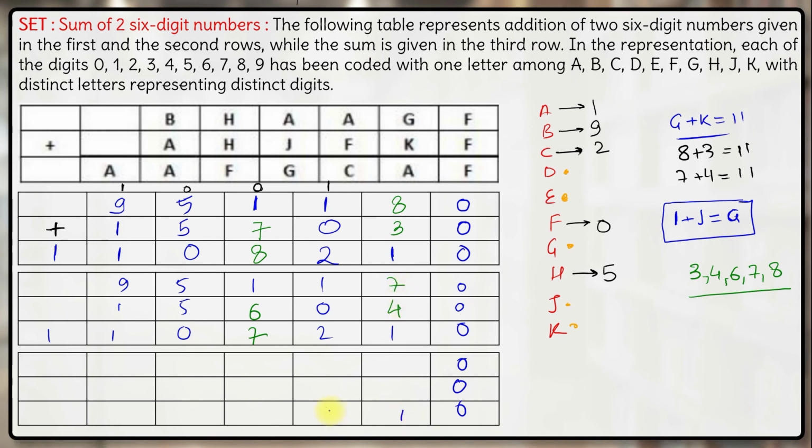So we'll see that also. 5, 5, 0, 9, 1, 1, 1, and this is addition. So now if G is equal to 4 and K is equal to 7, J will have to be 4 minus 1, which is 3, which is again possible here. So you see there are multiple cases possible for G, K, J.